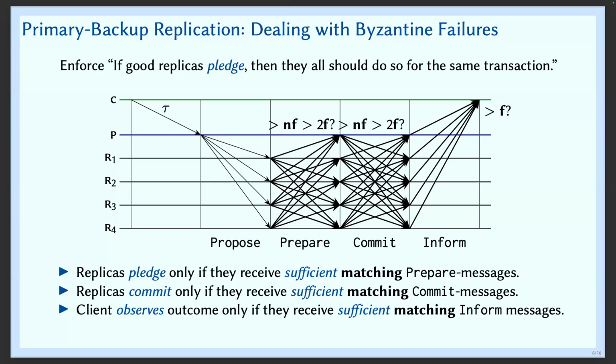Overall, there's 2F plus 1 messages. Okay. F could be false, and all of them may be accessible, but nothing happens. So why is it that only having one committed node is sufficient? Why is it sufficient to get one node committed?